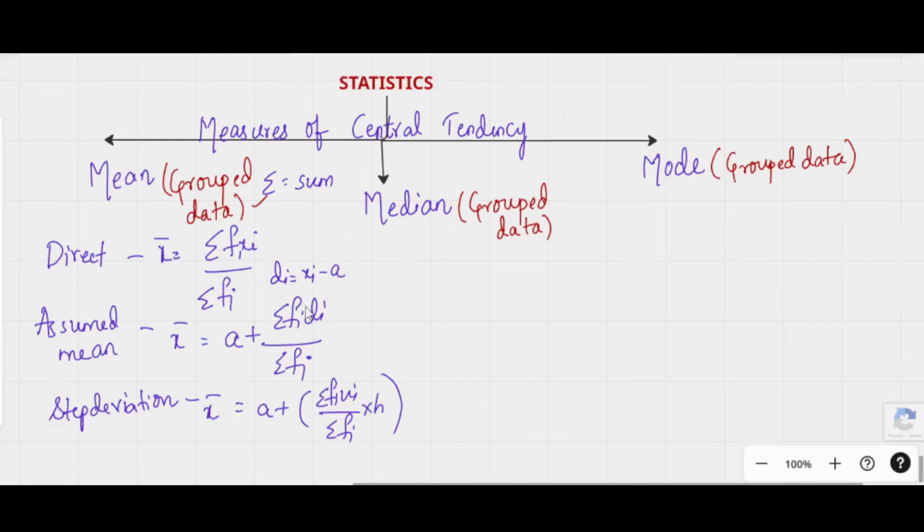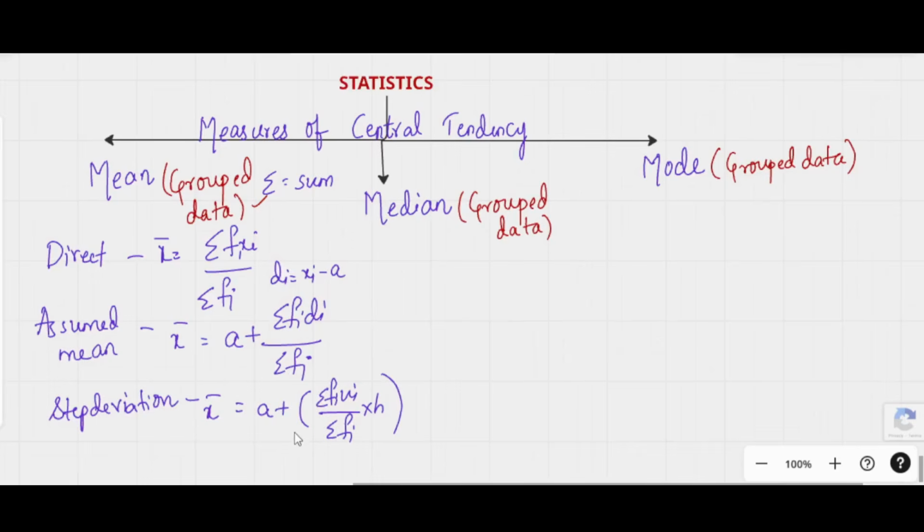And here xi is there, in assumed mean di is there, in step deviation we have ui. So xi, di and ui. The terms have increased, but the more the terms increase, the more simplified the calculation becomes.